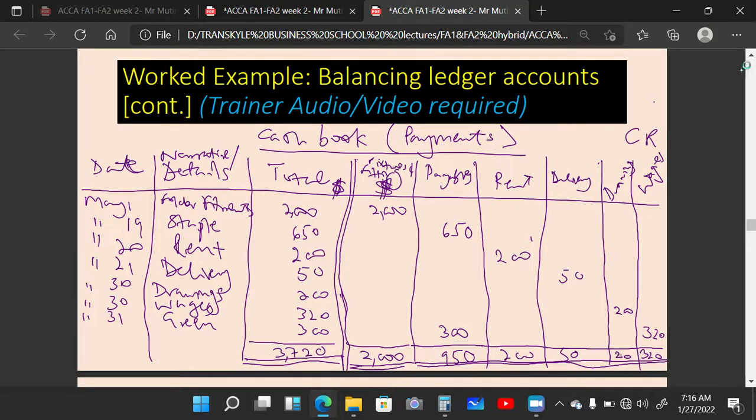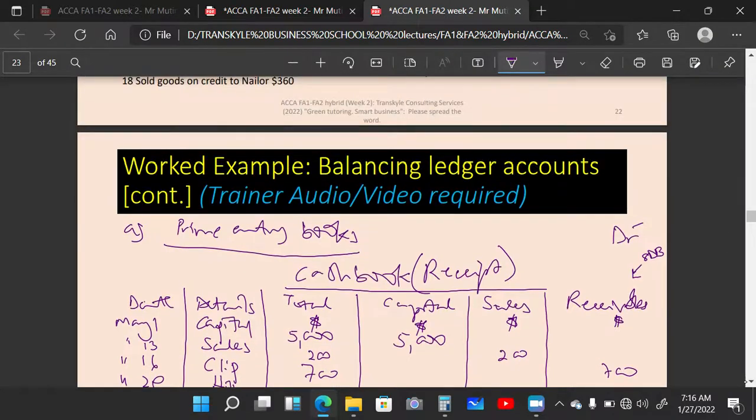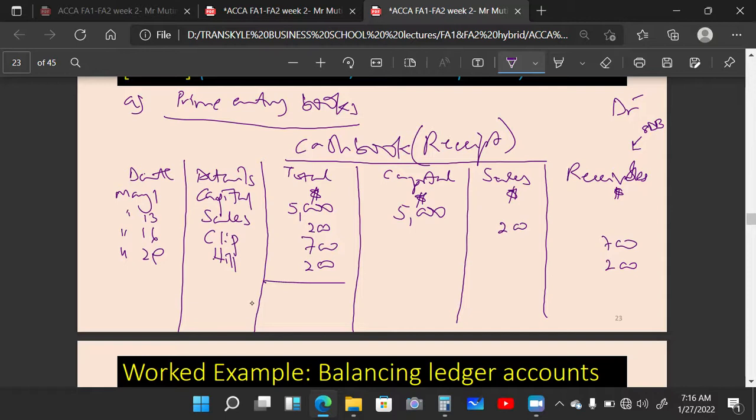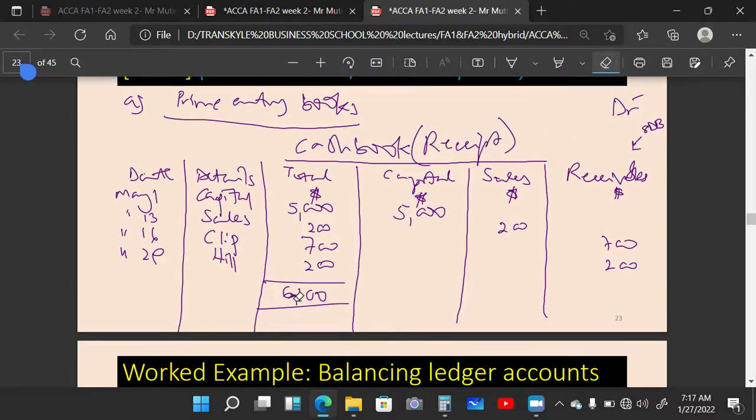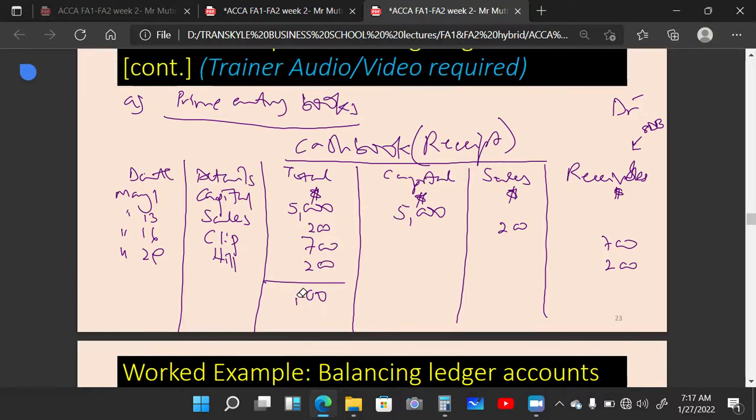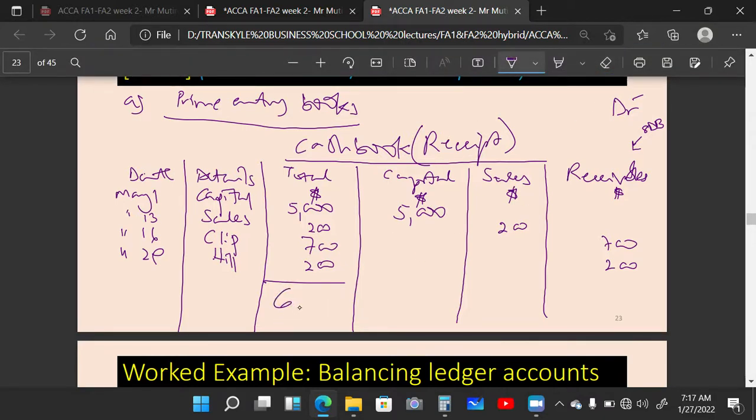You go to the receipt side and do the same. You have to add up the columns.